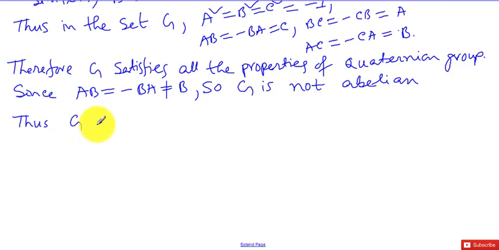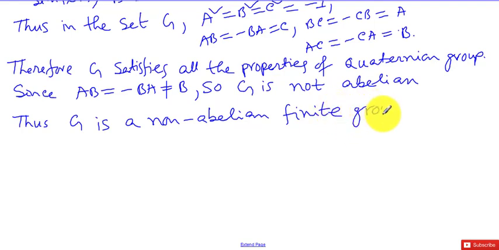Thus G is a non-abelian finite group of order 8.